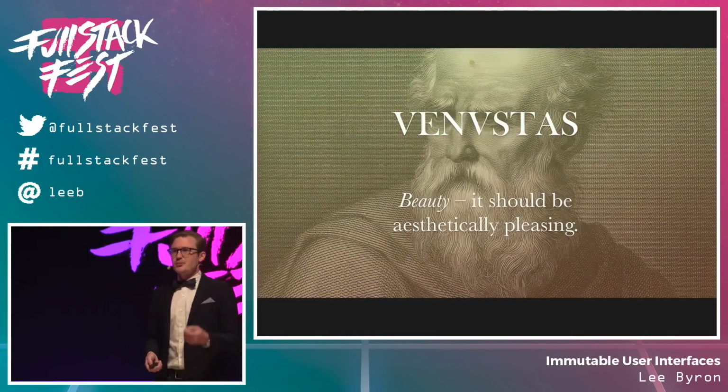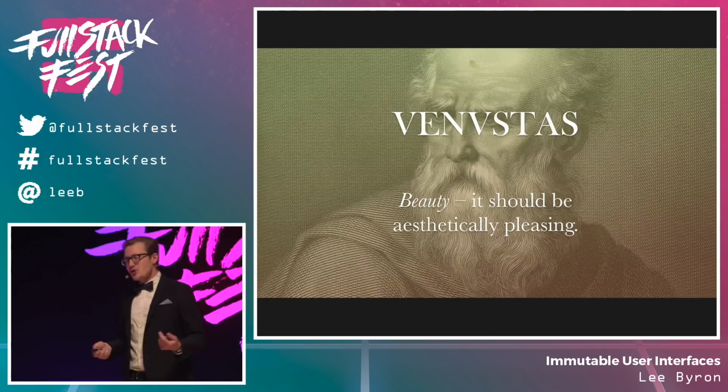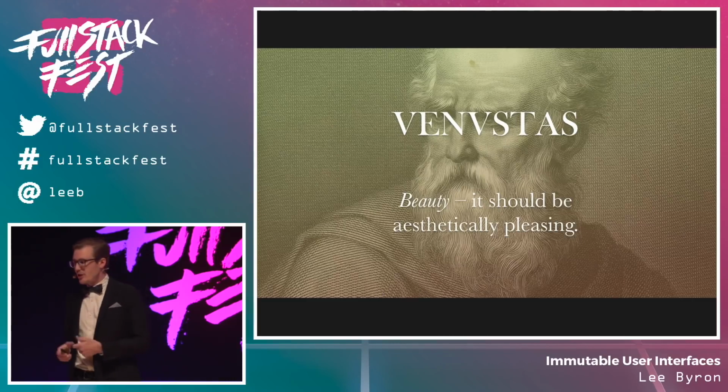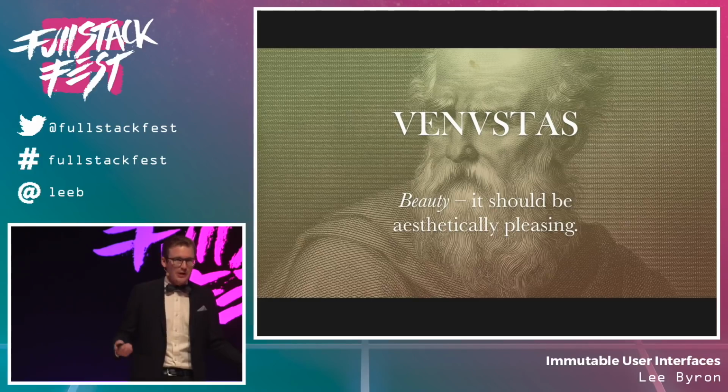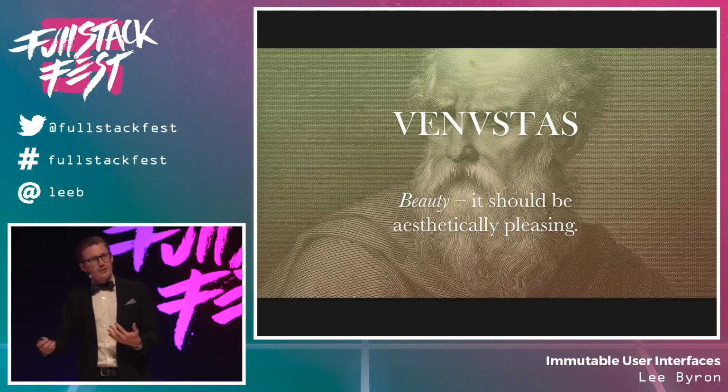And venustas means beauty. Buildings should be both usable and desirable by using proportion, repetition, and scale. And obviously we want our apps to be desirable and usable, but what I believe the parallel here is not to user experience, but to developer experience.